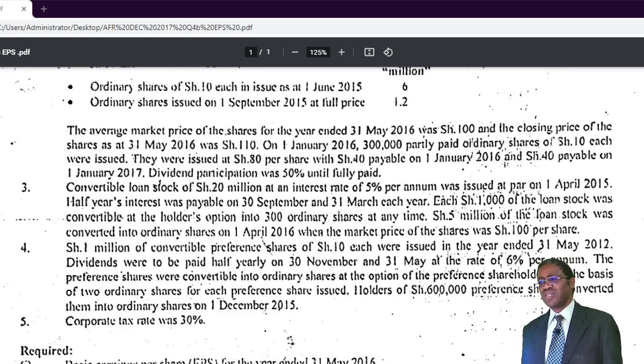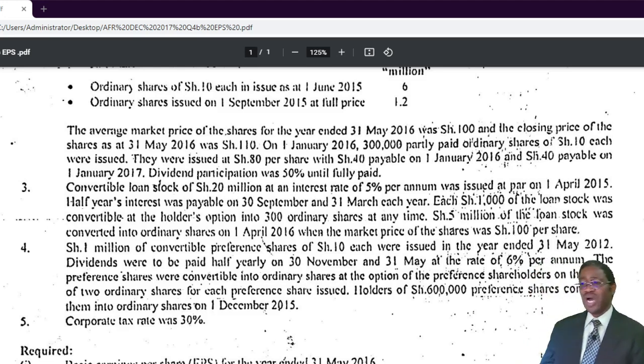Each shillings 1,000 of the loan stock was convertible at the holder's option into 300 ordinary shares at any time. Shillings 5 million of the loan stock was converted into ordinary shares on 1st of April 2016, when the market price was 100. That doesn't make a difference.